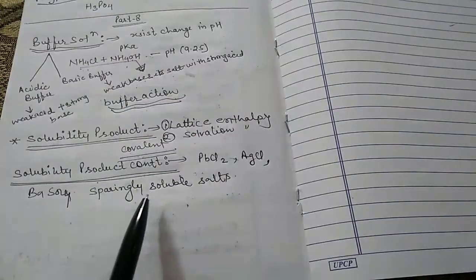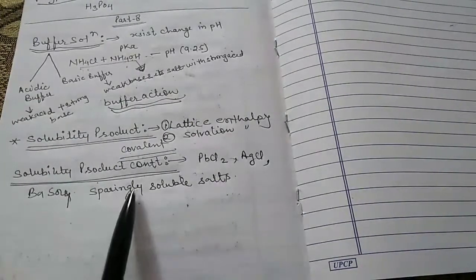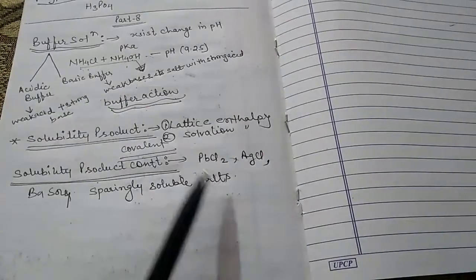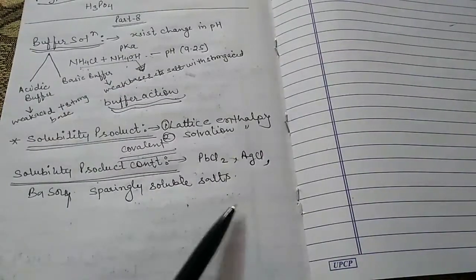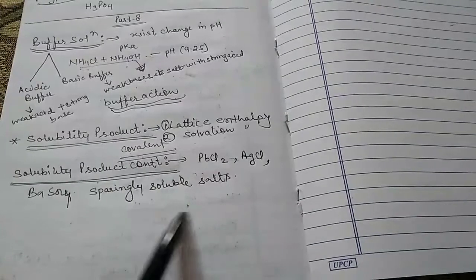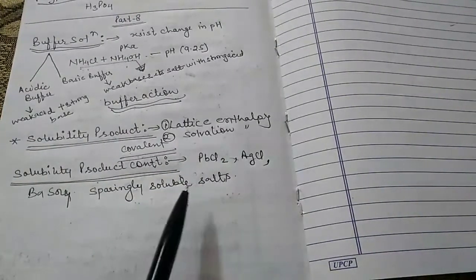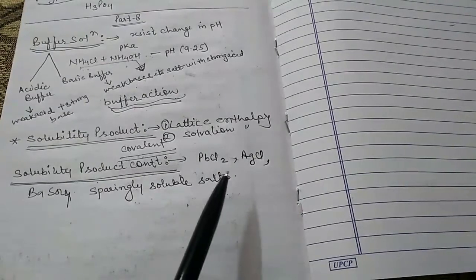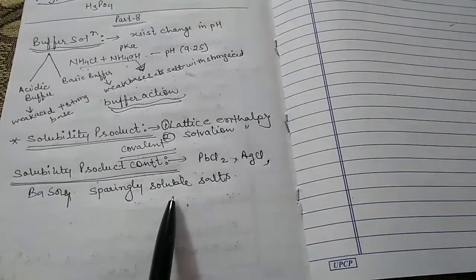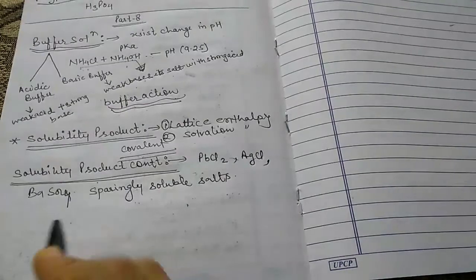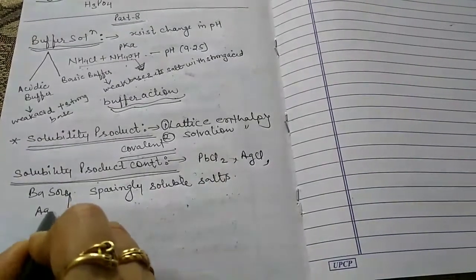It means the salt which is dissolved in water is split into ions, and that equilibrium exists between them. For example, let us take a sparingly soluble compound like silver chloride.